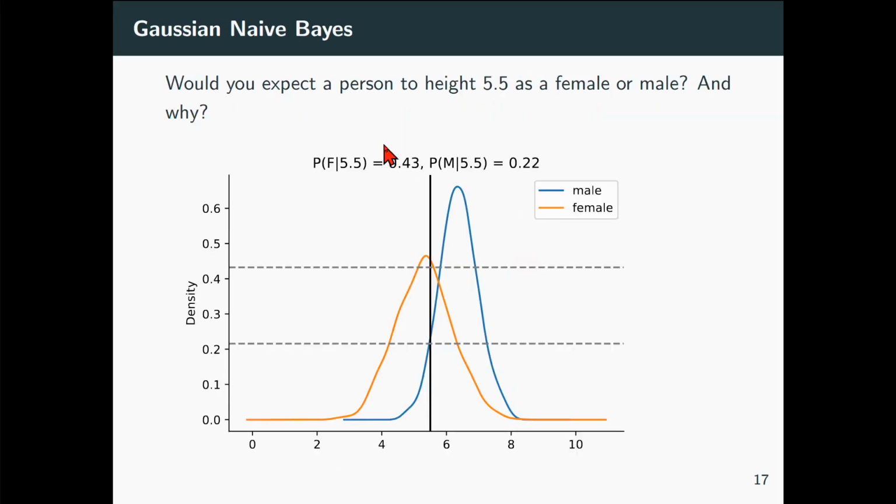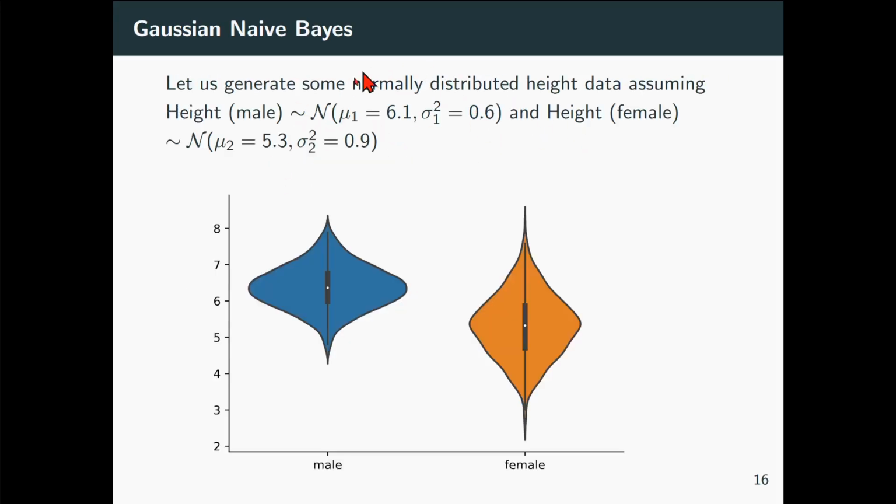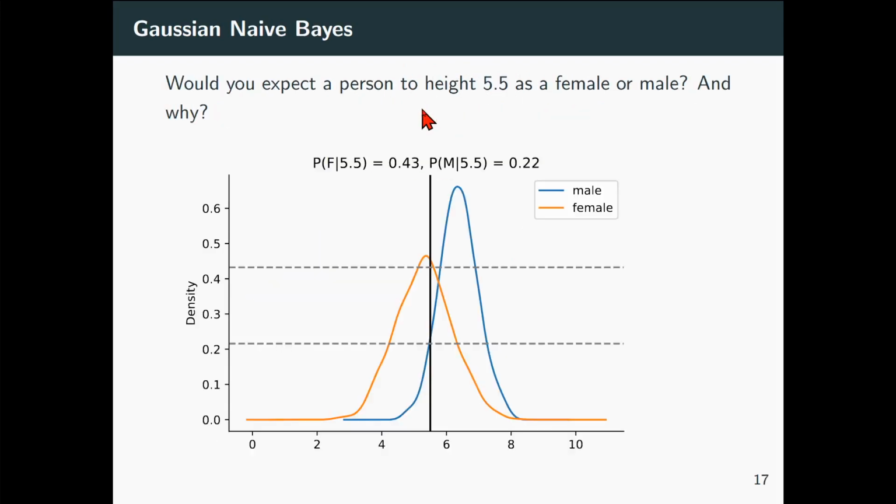You can do the same thing in maths. You compute the probability of female given the height is 5.5. That will turn out to be 0.43. All of these are based on these two distributions that we have. And the probability of male given the height 5.5 is 0.22. Clearly the probability of female given 5.5 is more.